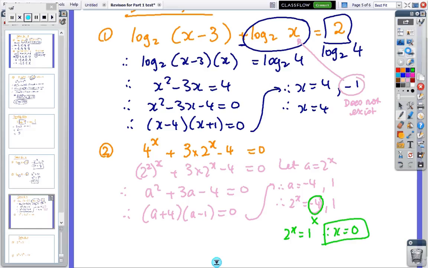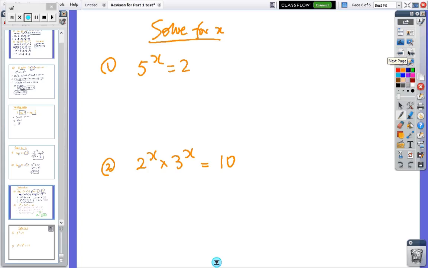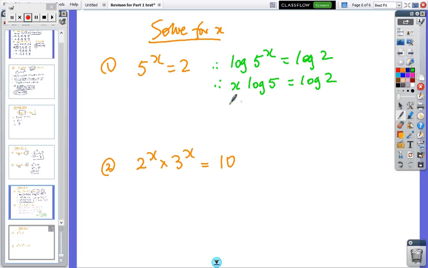Okay, moving on. Okay, simple logs. This is our last page. Okay, so solve these equations. Have a go when you're ready. Okay, this one here, so we take logs of both sides. Doesn't matter which base, of course. So then x log 5 equals log 2.